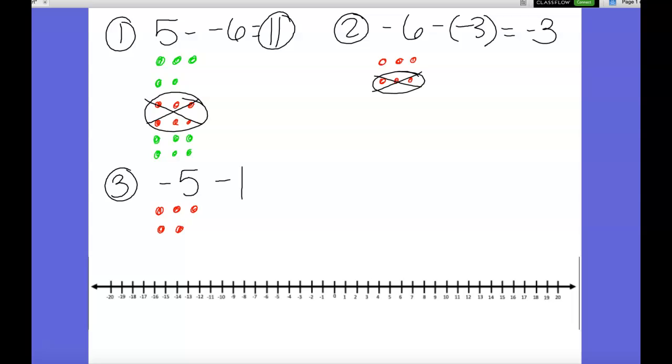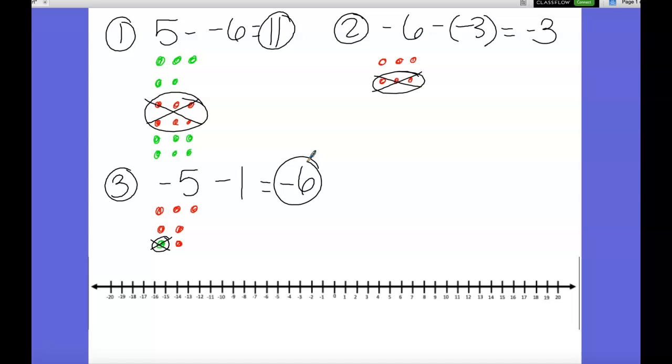Well, I don't have any positives to take away, therefore I have to add a 0 pair. So I add 1 positive and 1 negative. Now I have a positive to take away, so I take away the positive, and I'm left with 6 negatives. Therefore, my answer is negative 6.